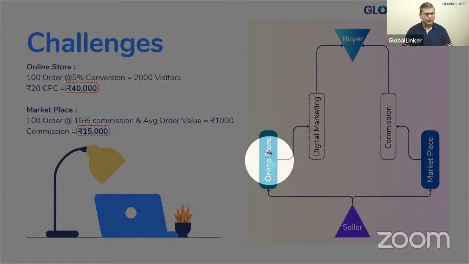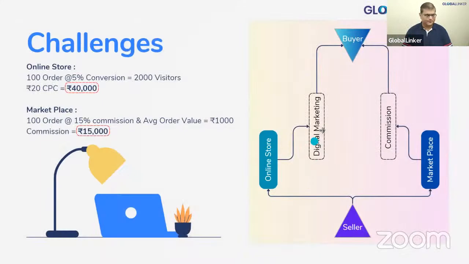Now, if you're creating your online store, you have to do digital marketing unless you are a very renowned brand or you're in a niche space. You have to spend to reach the customer and get the conversions. And similarly, if you're on the marketplace, you have to pay the commissions.